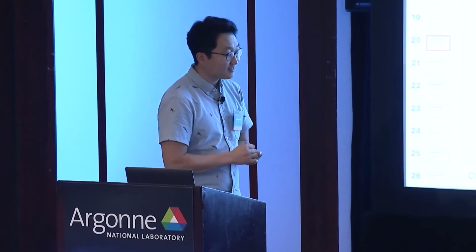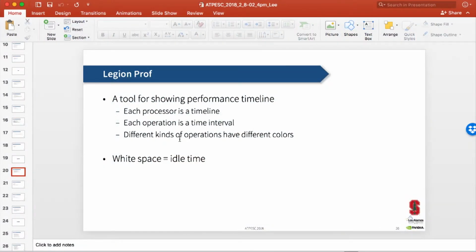Before I show you more interesting examples, I will explain one of our tools called Legion Prof. Legion Prof is a profiler for Legion applications and also Regent applications. This tool provides an interactive visualizer of your execution.